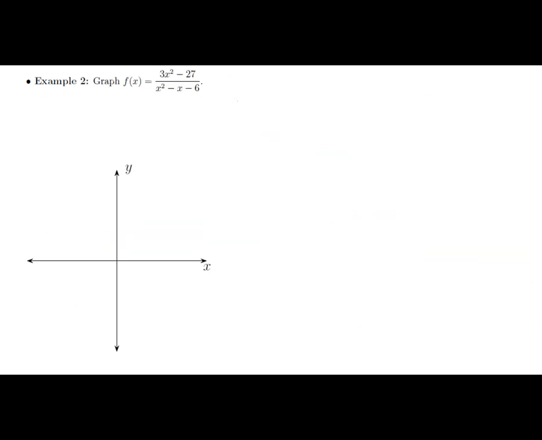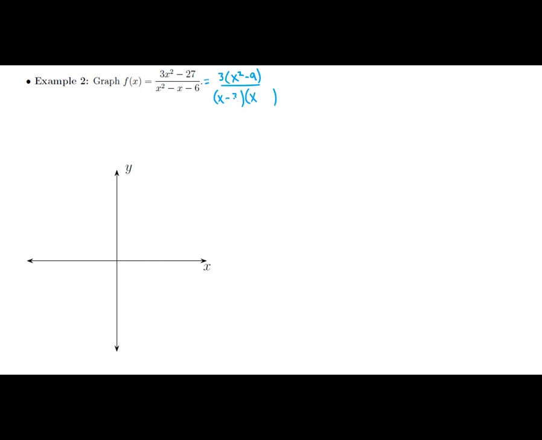So let's take a look at another example here. Like we did on the last example, let's begin by factoring out the top and bottom, if possible. On top, we can see there's some easy factoring to be done. There's a common factor in both the top and bottom. In the denominator here, looks kind of promising as a potential situation where we can reverse FOIL.